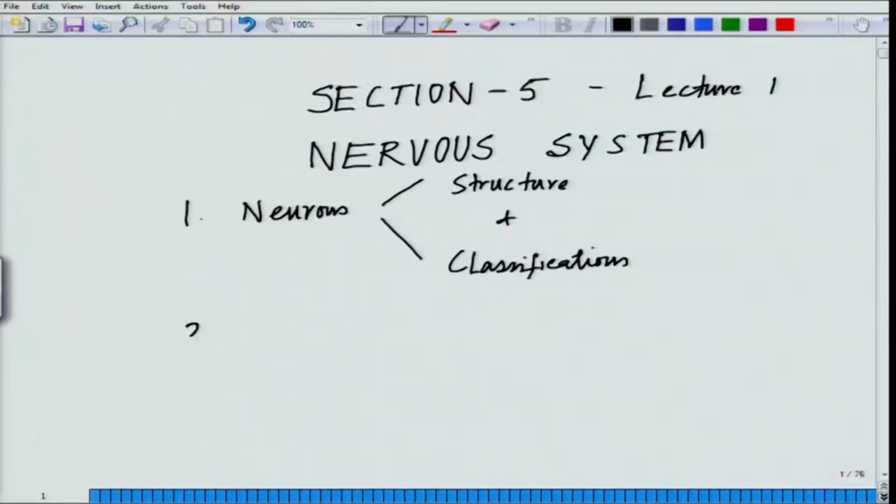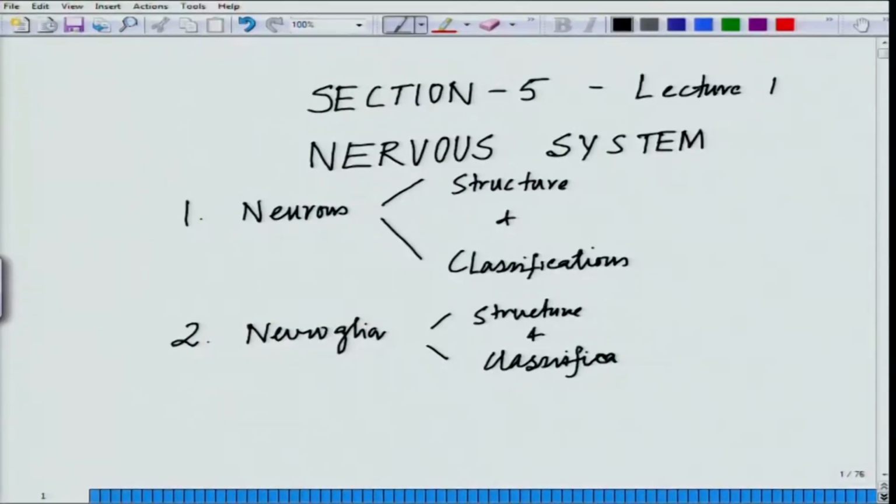This is part 1, and part 2 will be talking about supporting cells which are called neuroglia, neuroglial cells and their structure and classification. Again same line, structure and classifications, and then on we will be talking about the electrical activities, very basic electrical activities we will be dealing with.